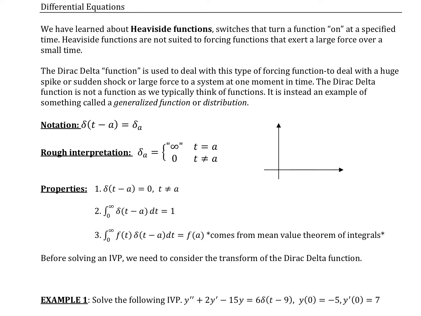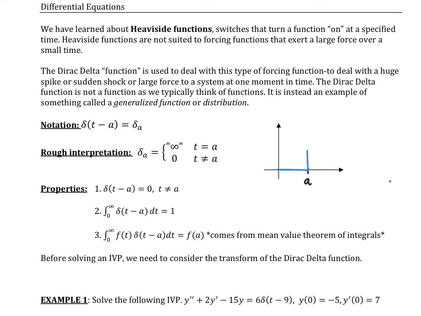So if we looked at a picture of this, let me make my pen just a little bit thicker so we can see it on there. Let's call this mark right here a, then the Dirac delta function looks like this. It is 0 until we get to a.